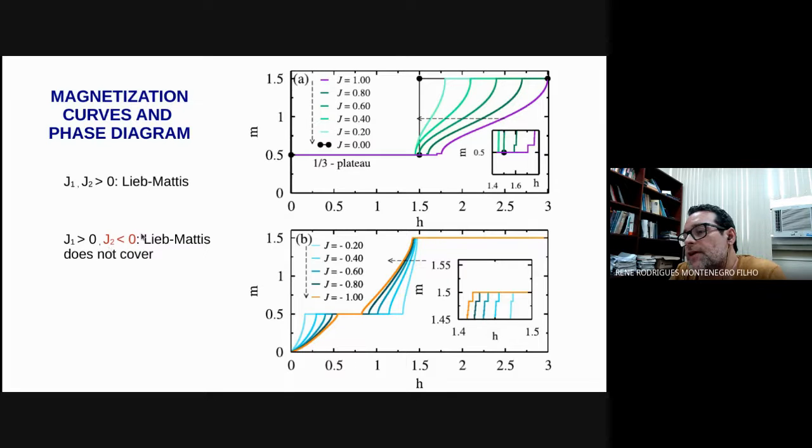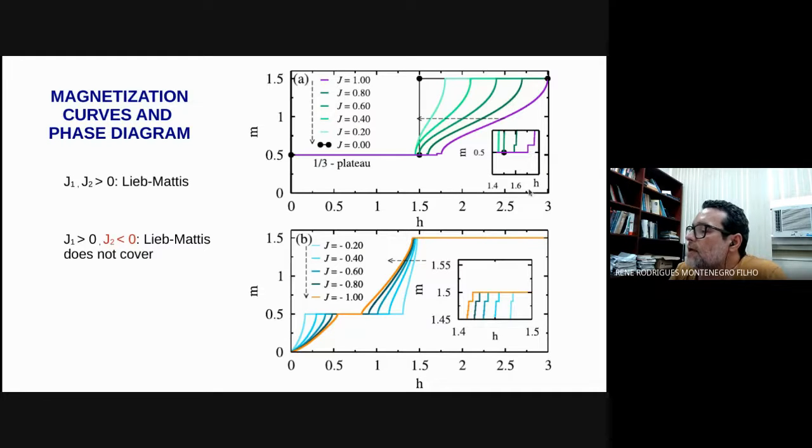In the negative range of the J2 parameter, we cannot apply the Lieb-Mattis theorem. The magnetization is null, is zero, in zero magnetic field. But as we increase the magnetic field, we reach the 1/3 plateau also.